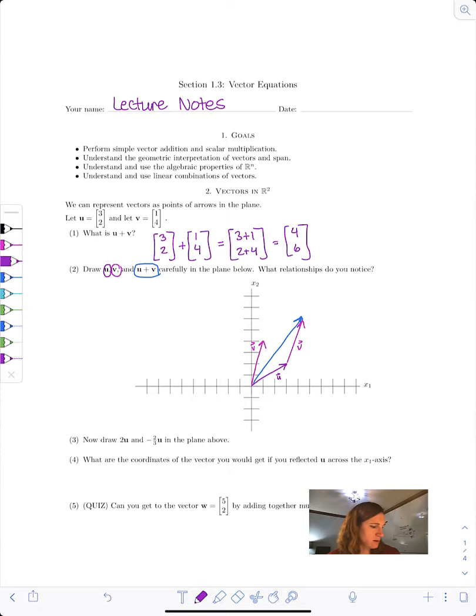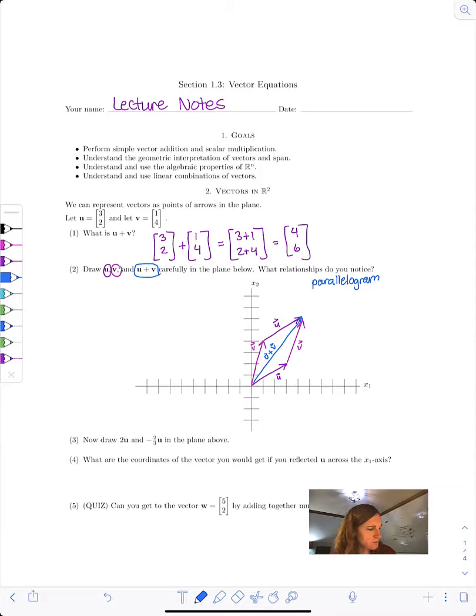And similarly, if we do v first and then draw the arrow u coming out of v, we also get to our vector u plus v. And you notice they form a nice little parallelogram. So there's a relationship between those. So that's how you add vectors geometrically.